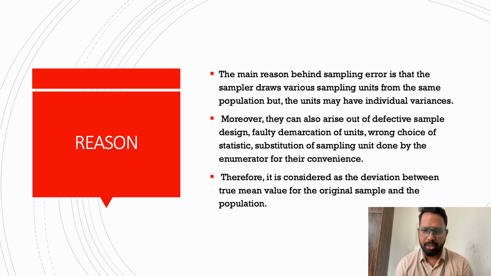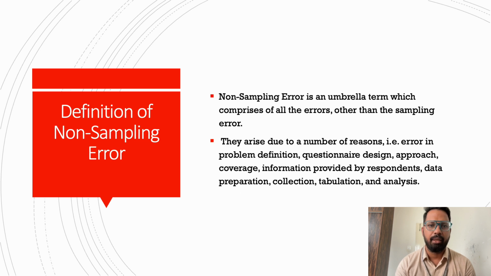But the major cause is whenever you are drawing sampling units from the same population, if the units have individual variance, most of the time you can expect a sampling error.